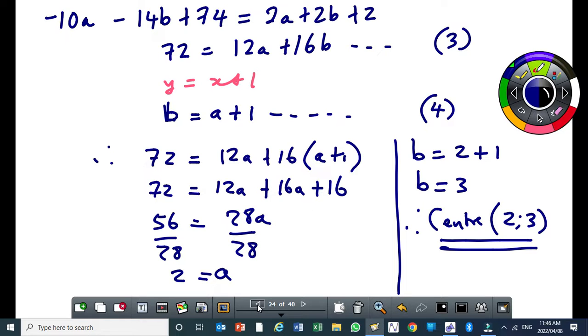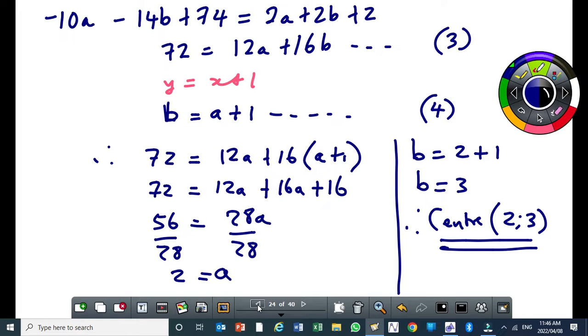Then why did you say you had to incorporate the equation? You know the y equals x plus 1? Yes.